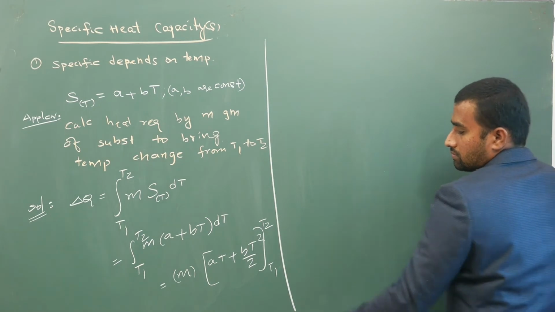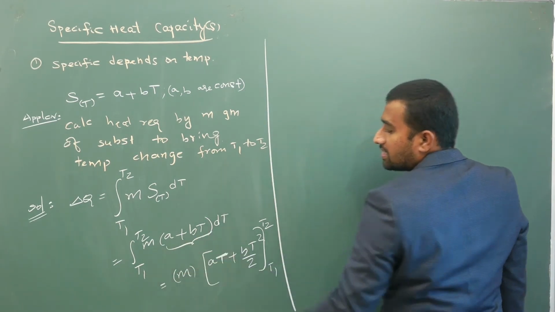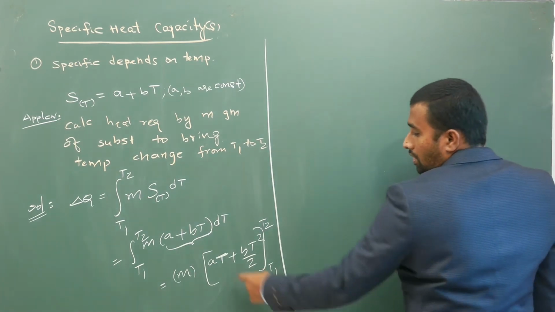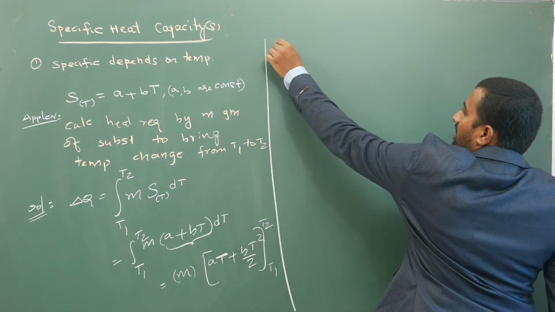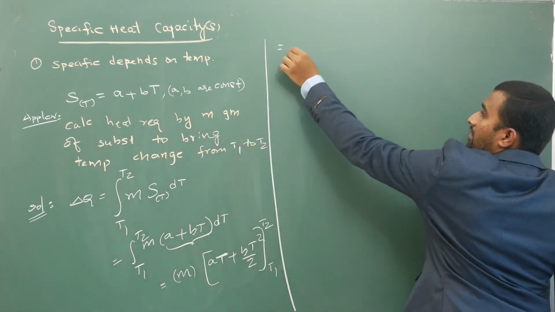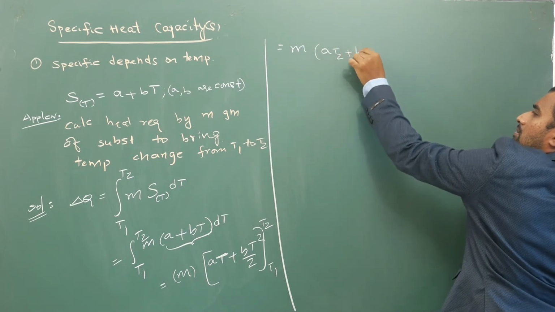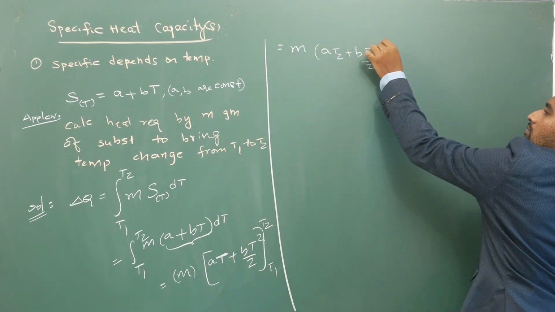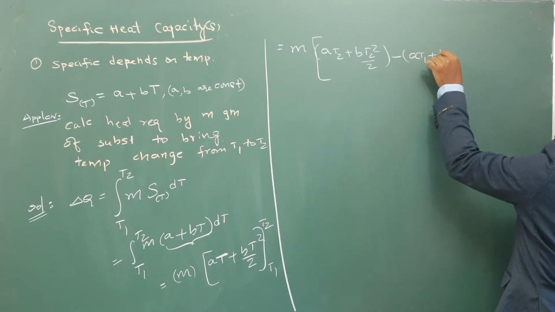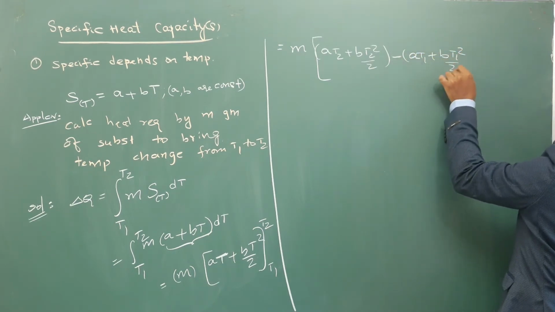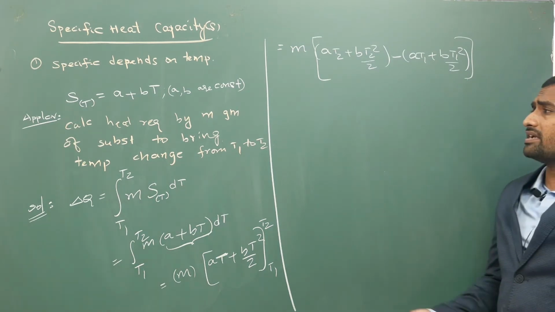If you don't know this integration, refer to my integration video. Finally you get m times At2 plus Bt2 square by 2, minus At1 plus Bt1 square by 2. This is the total heat energy.